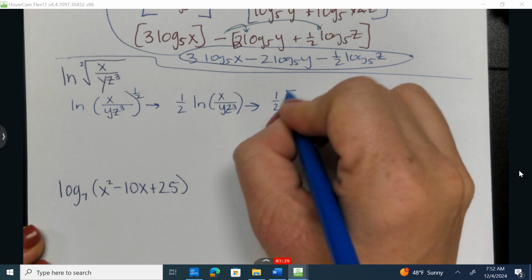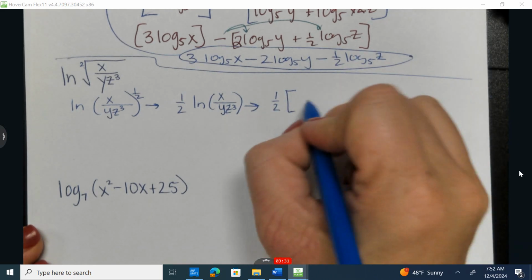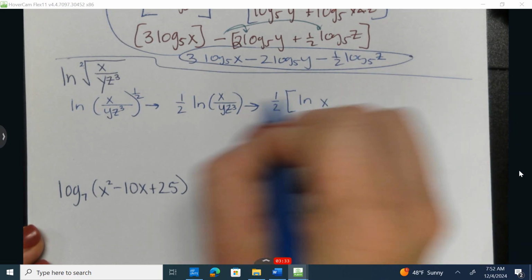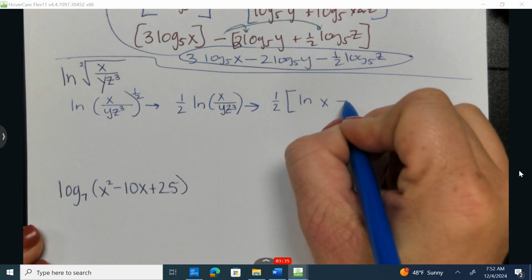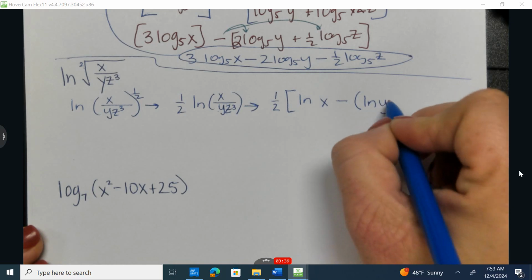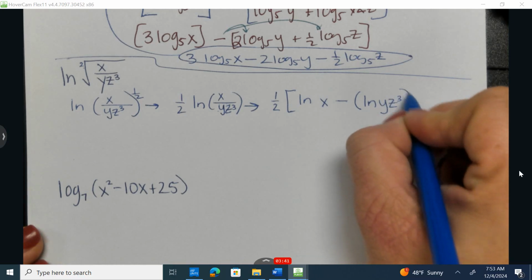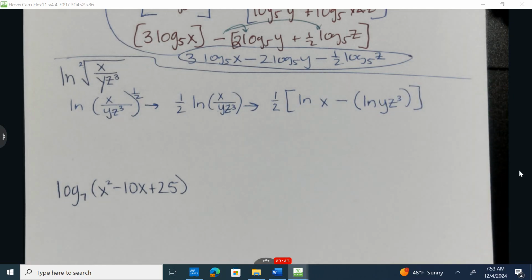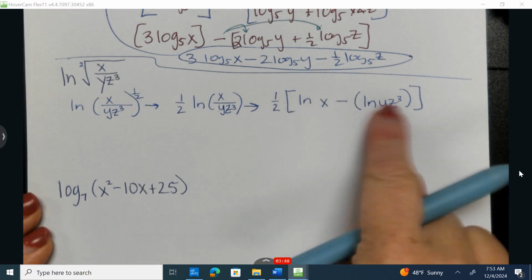Now that 1/2 is eventually going to have to be distributed to everything behind it, and it's going to be the ln of x, subtract, okay, now I have 2 items here, subtract the ln of y, z to the third. I'm going to switch colors here so we can just see the differentiated forms.